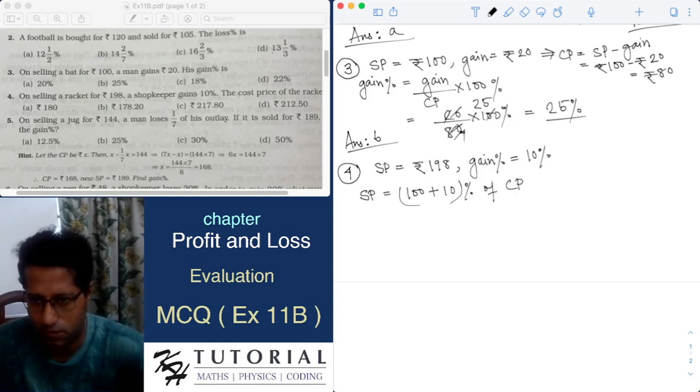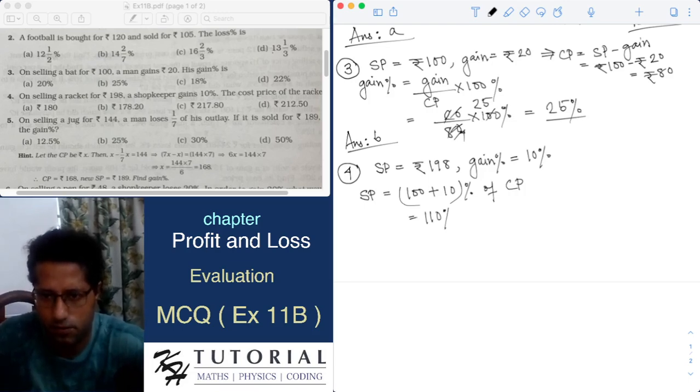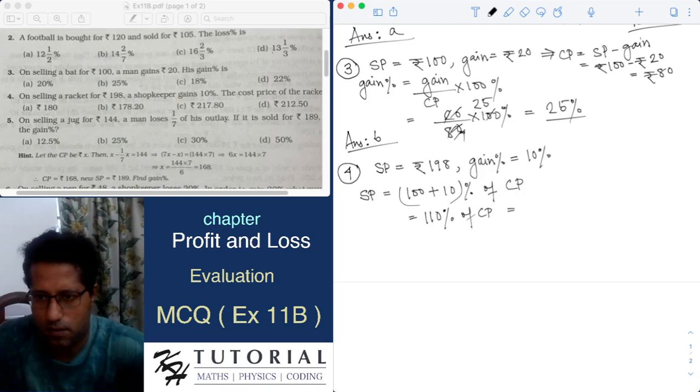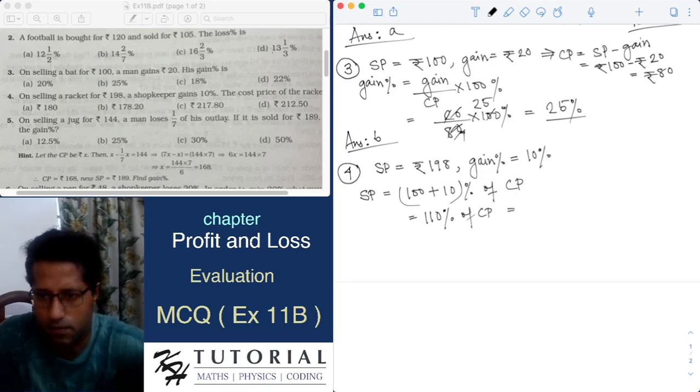That means 100 plus 10% of CP, which is 110% of CP. This is 110 divided by 100 multiplied by CP, which when simplified becomes 11 CP by 10.